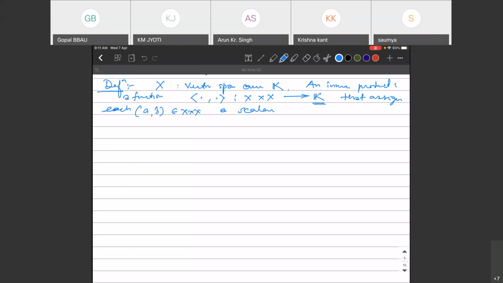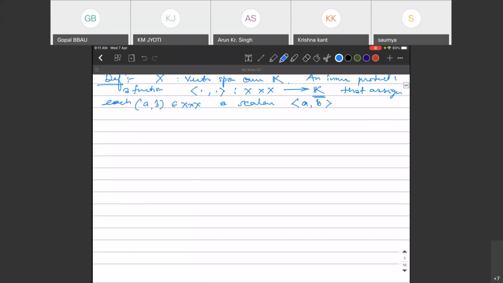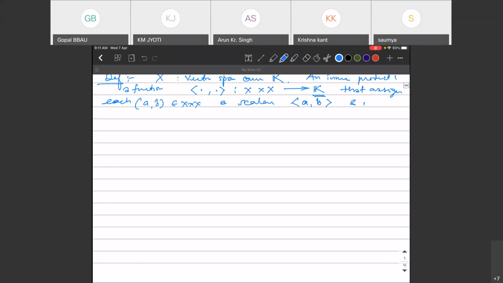And we denote that scalar by A comma B. And this function satisfies some properties, the following conditions.